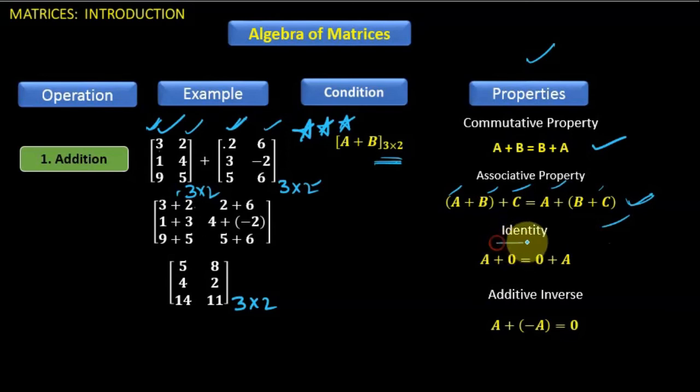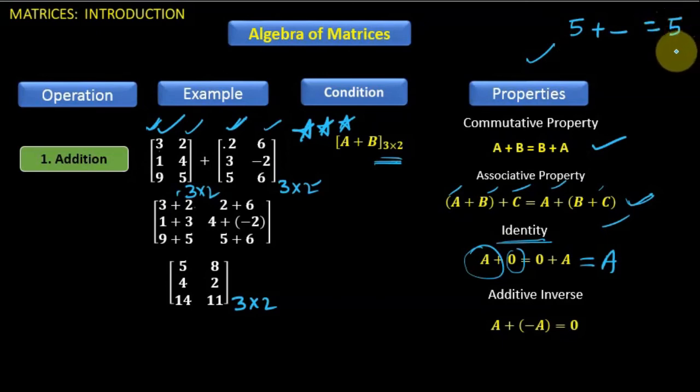Then what is identity? Identity means for the given matrix, what I should add to get the same matrix. Suppose a normal number, any natural number, suppose 5, what should I add to get the same 5?